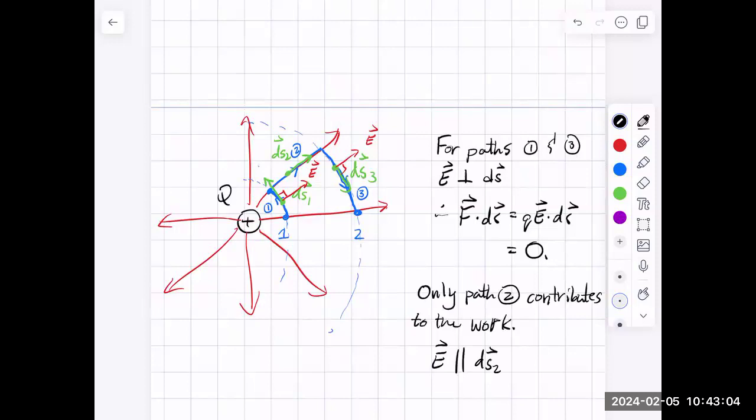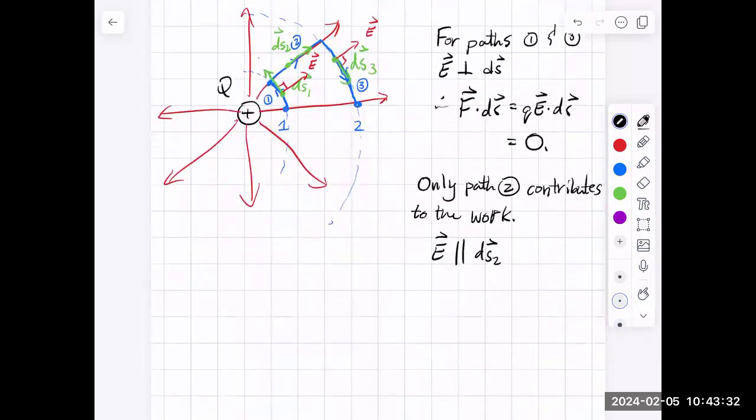And if you do the calculation, what you'll find is it's exactly the same as the previous example. All we're going to do is the integral of Q times E times ds2, and that's going to go from distance R1 from the capital Q to a distance R2. We're going to get the exact same result as before.